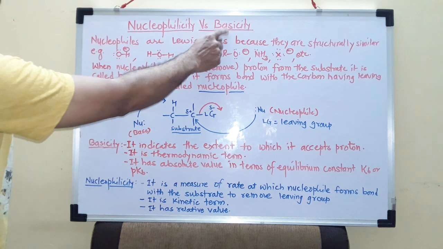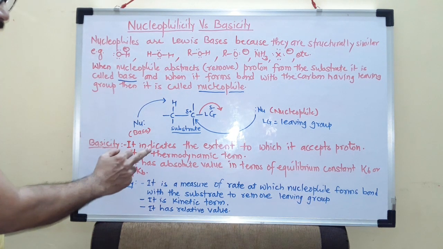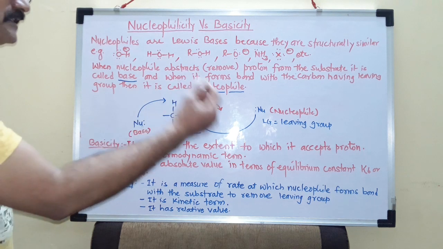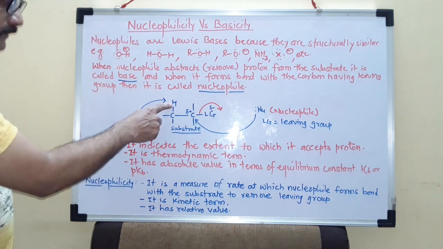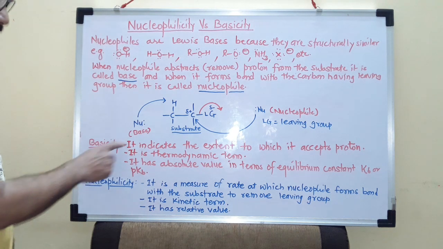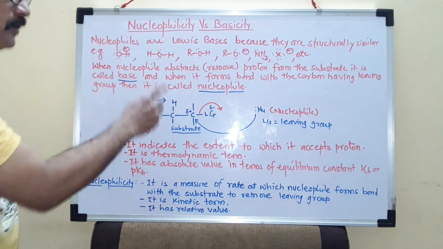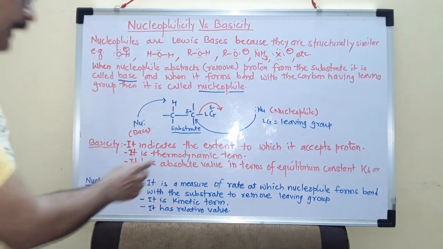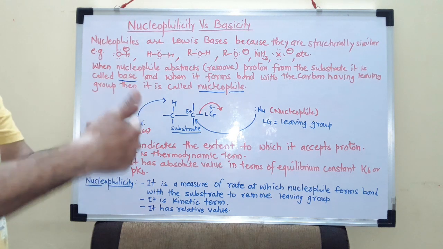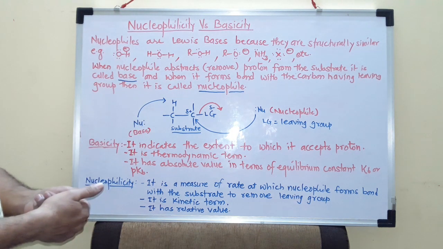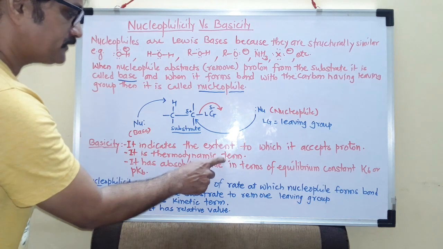Then what is basicity? As our point is basicity and nucleophilicity, we will discuss basicity. It indicates the extent to which it accepts a proton, how easily it can remove a proton. That is nothing but the basicity. If the base is stronger, if its basicity is more, it can remove that proton more easily. And you know, acid-base reactions are equilibrium reactions. After some time, equilibrium is maintained, and because of that this is a thermodynamic term.